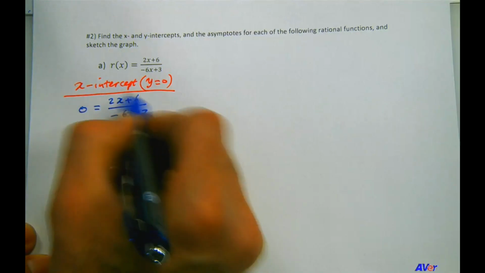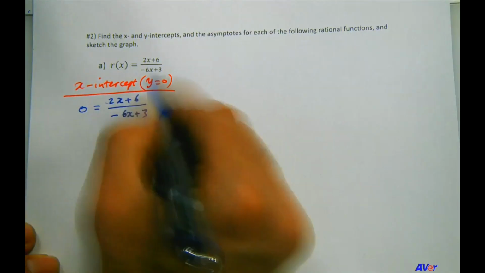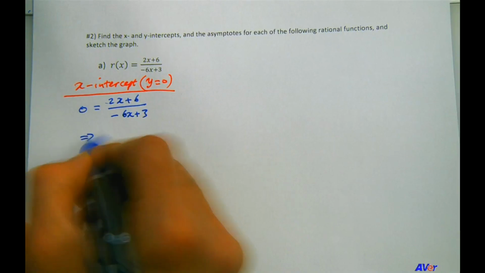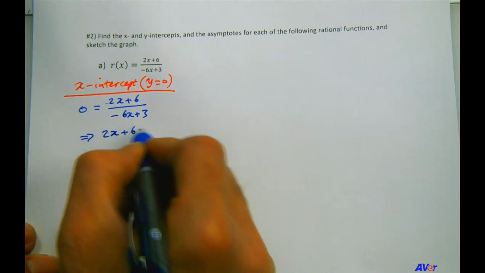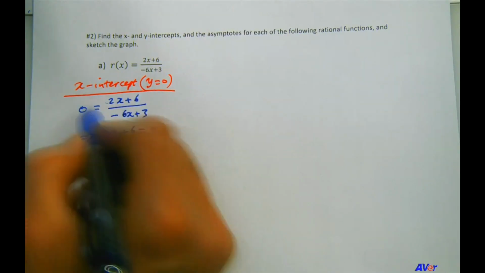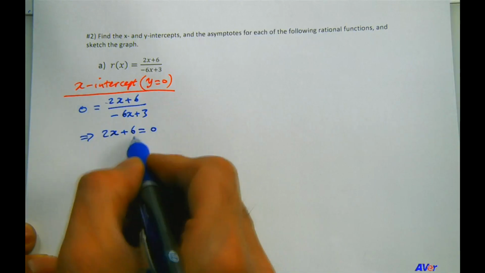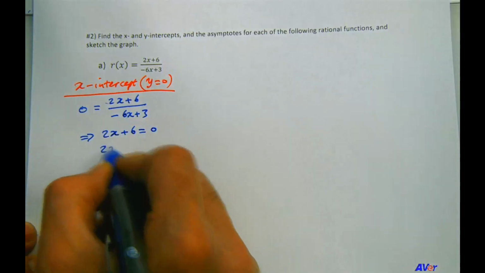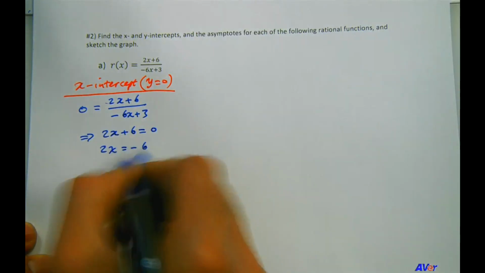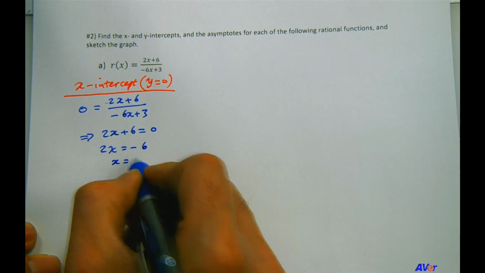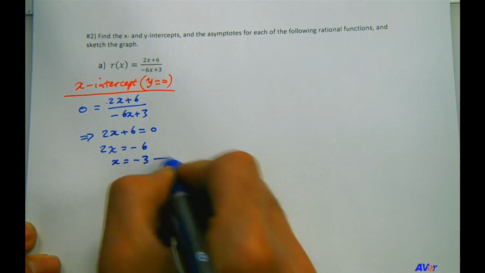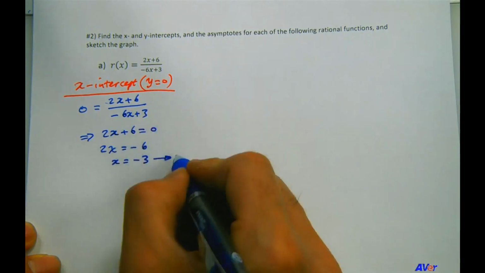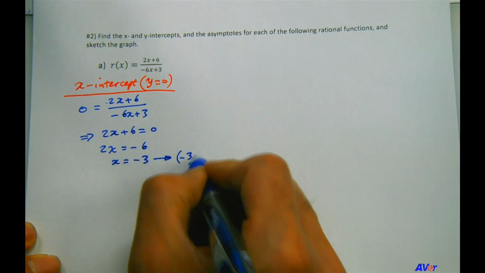When its numerator is equal to 0. So therefore, 2x plus 6 equals 0. If this is the case, then this must be the case, which is the numerator equal to 0. Let's solve for x using this. Minus 3, right? So the x-intercept is at negative 3 comma 0.